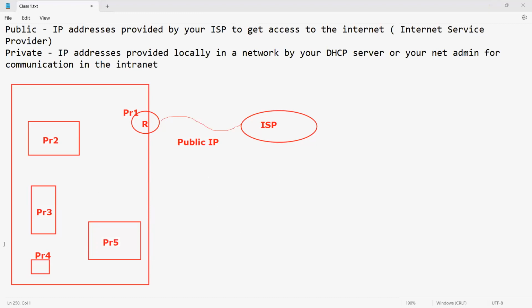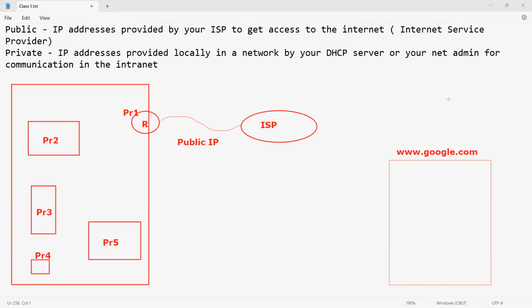So when I want to connect to google.com, let's say there's a server somewhere on the internet called www.google.com. When I want to connect to this website from my phone, this is how the packet would travel. From my device, first the packet comes to the router.